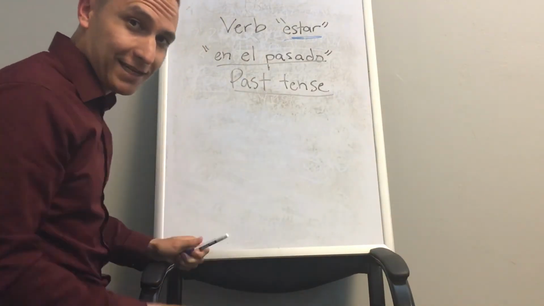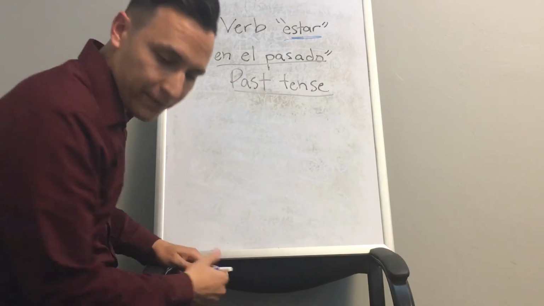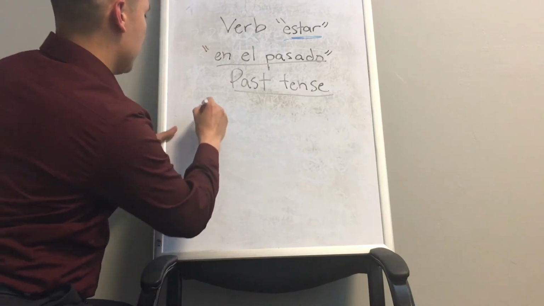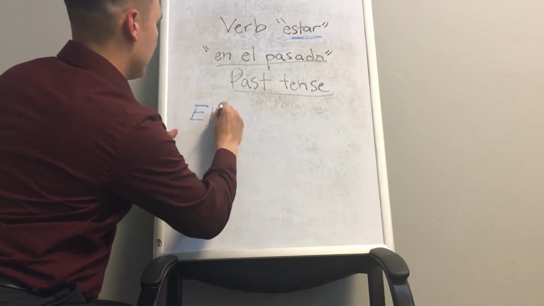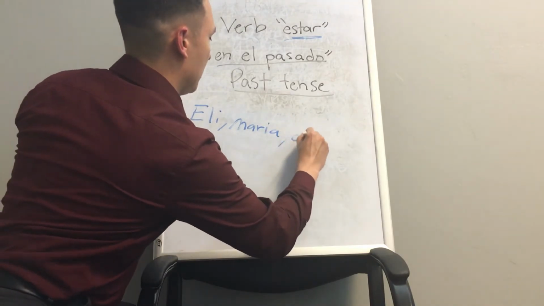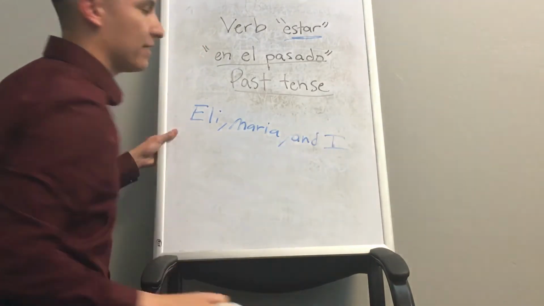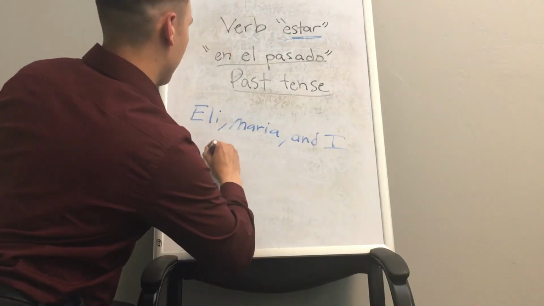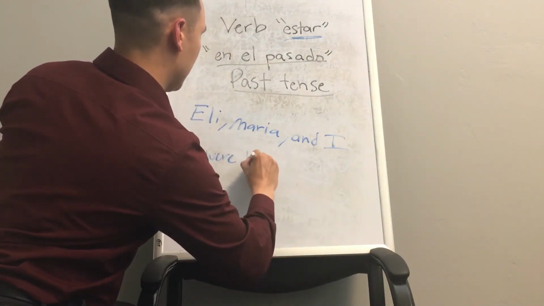Next, remember you can pause anytime you want to write something down or think about it. Next, we're going to do a couple names. We'll do Ellie, Maria, and I. Yo. And I were happy. Now we're talking about a group of people.